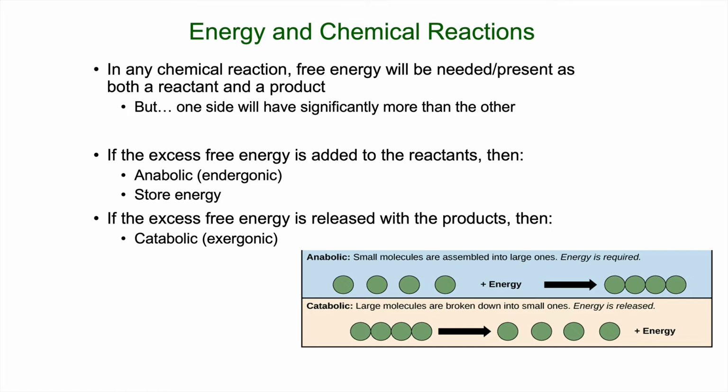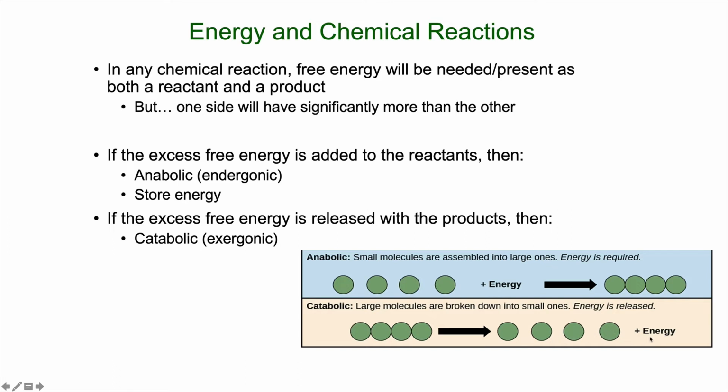Okay, if the excess free energy is released, so in our second example, we're taking that polymer, and we're going to break it down. You remember the process used to break that down? You have to add water. We call that hydrolysis. Okay, when we hydrolyze this polymer into 4 separate monomers, we release energy that was used to build those bonds.